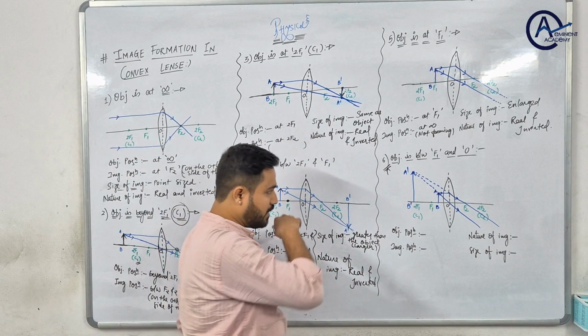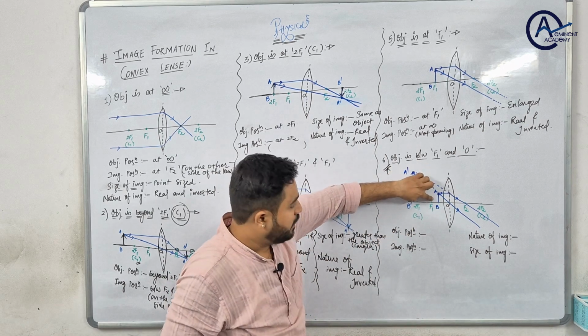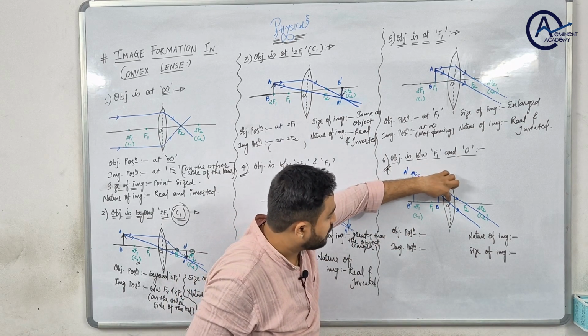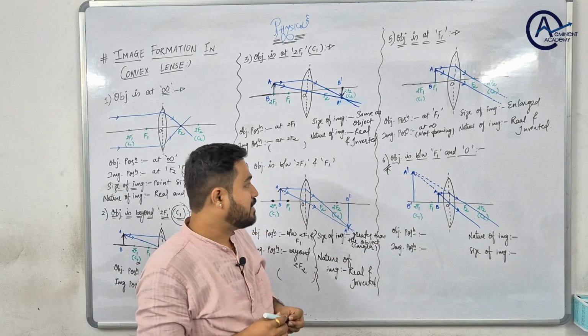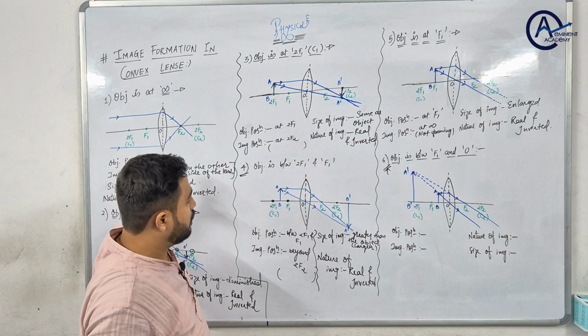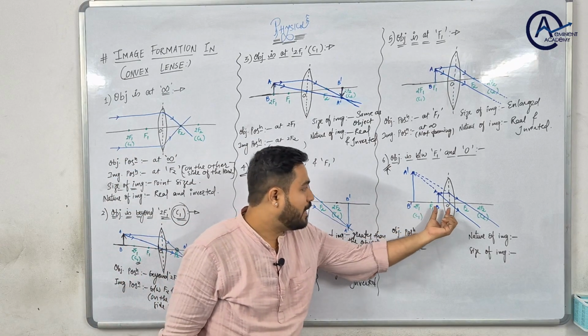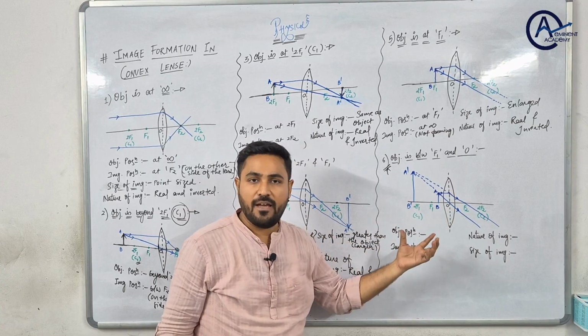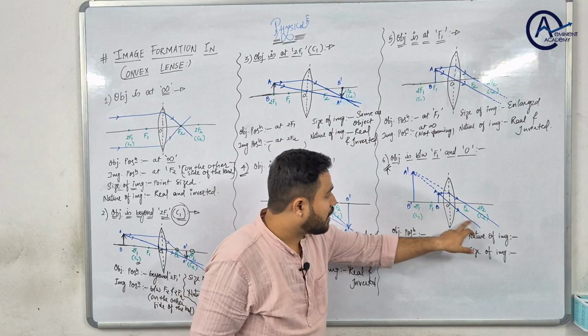Why? Let us see. Here the object AB is kept between the optical center O and the principal focus f1. We have brought the object closer to the lens and finally placed it between O and f1. See, the rays are not meeting at all.